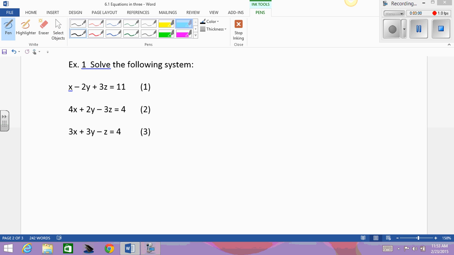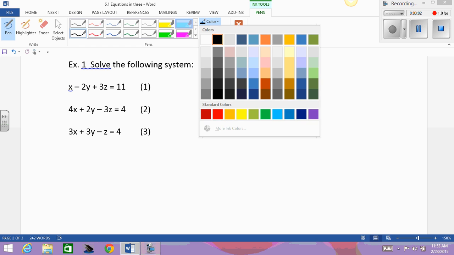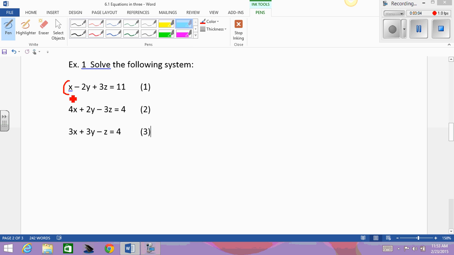And you guys know that in order to get that 4x to cancel, we're going to have to multiply that first equation through by a -4. Okay? So when I do that, I get -4x plus 8y minus 12z equals -44.